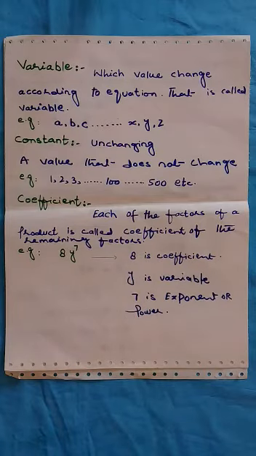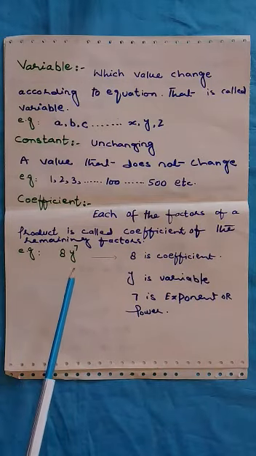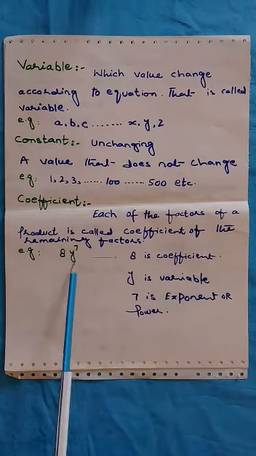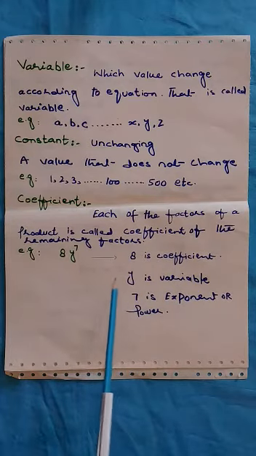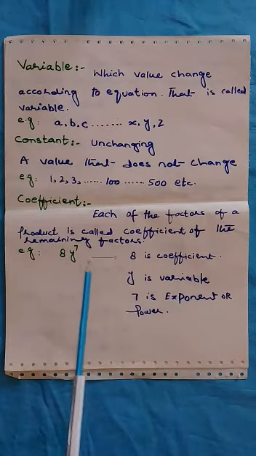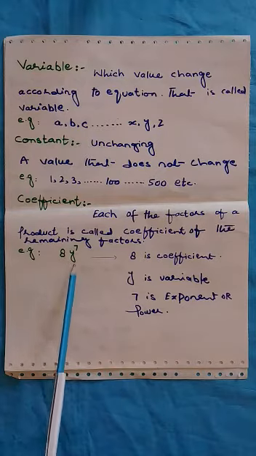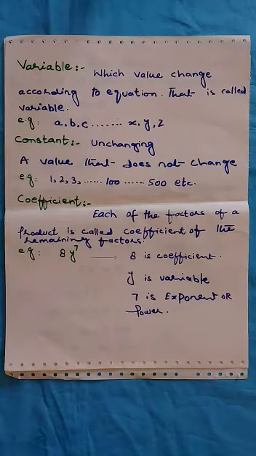For example, 8y raised to power 7. So here 8 is the coefficient, y is the variable or y is the base, and 7 is the exponent or power. In simple words, we can say the number before the variable is called the coefficient.